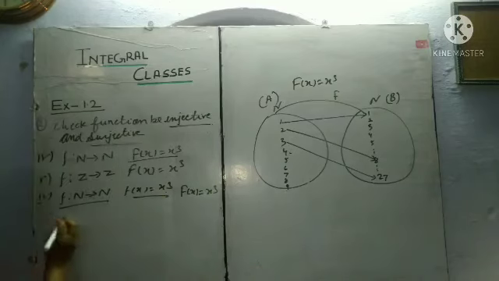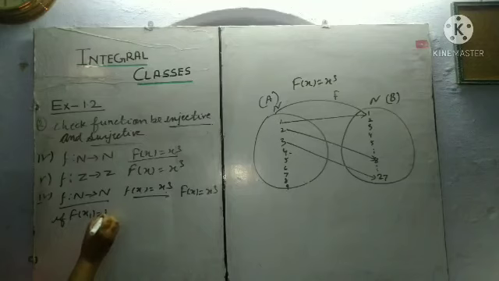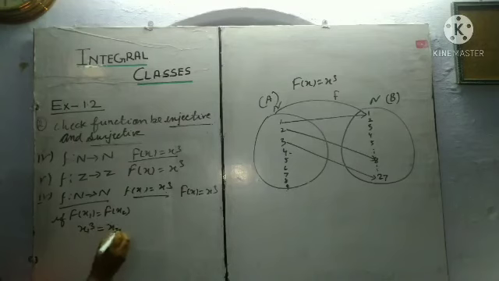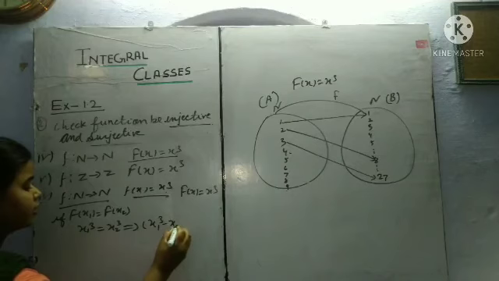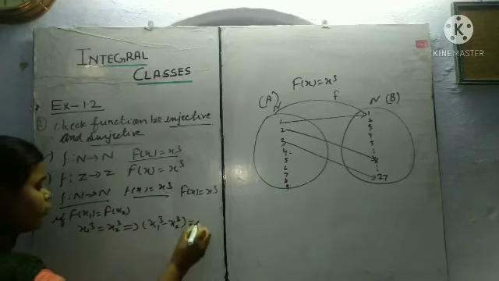Now to prove one-one, if f(x1) equal to f(x2), so f(x1) means x1 cube equal to x2 cube. So x1 cube minus x2 cube equal to 0.